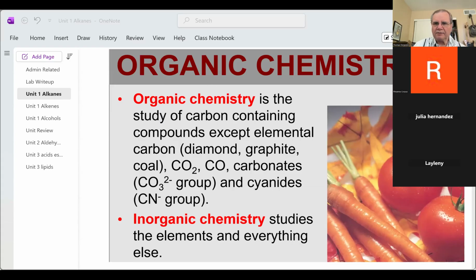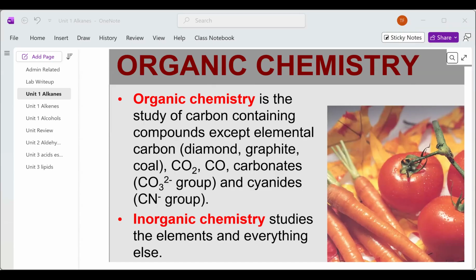Okay, so I use OneNote for doing my lectures. OneNote is a Microsoft program that comes with Office, and I have a tablet that displays whatever's on my laptop screen, and I can write on the tablet. If you want to use OneNote, it's a very nice program.